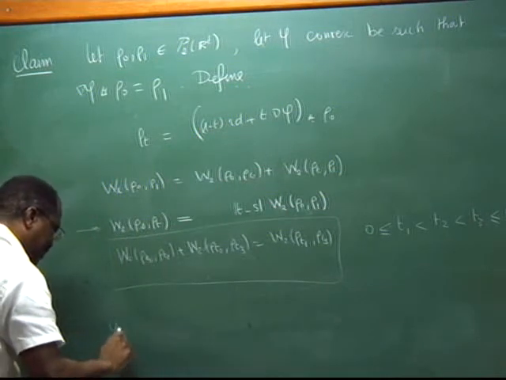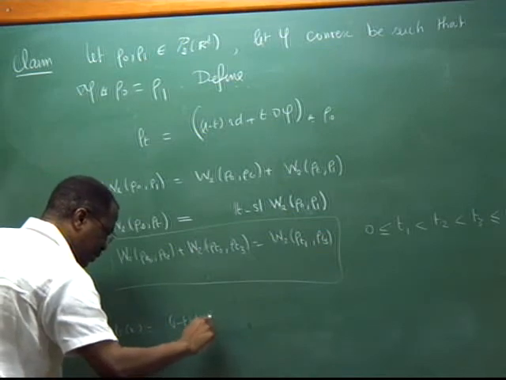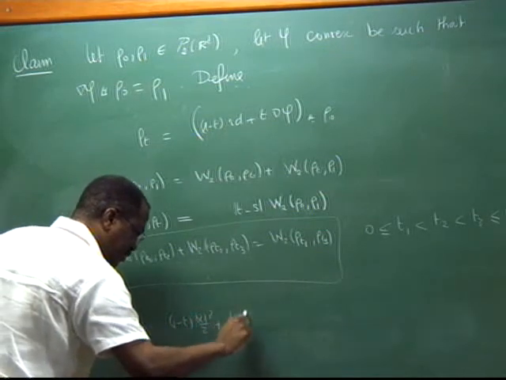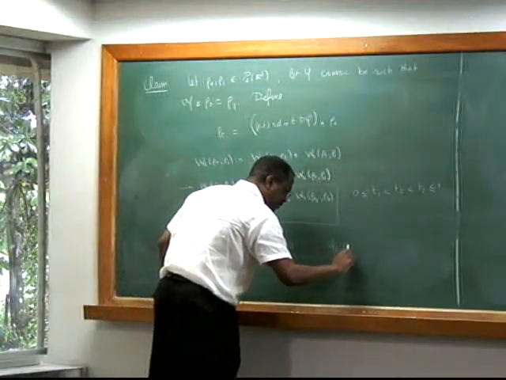Set phi t of x to be (1 minus t) s squared over 2 plus t phi of x. Then phi t is convex.